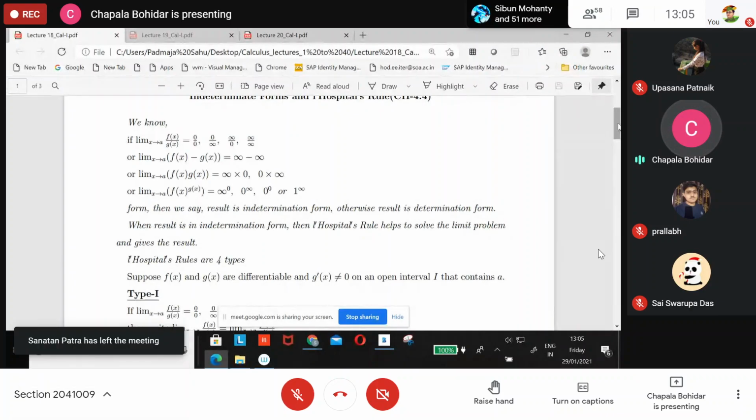Then we say that the result is indeterminate form. Otherwise, the result is determinate form.